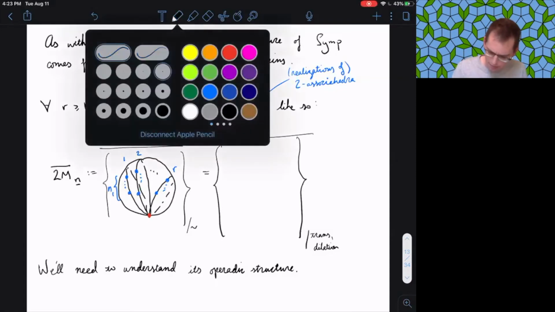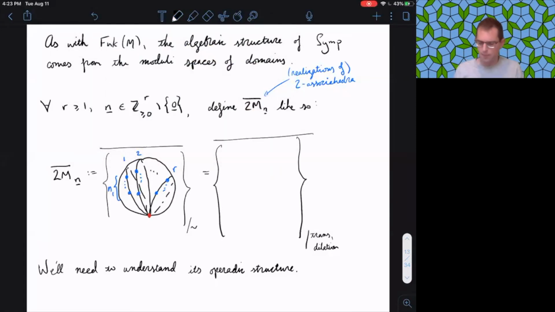And another way of presenting these is we can think of the sphere as R2 union infinity with the output, the red point, at infinity. And then this picture becomes a copy of R2 where those circles are now vertical lines.